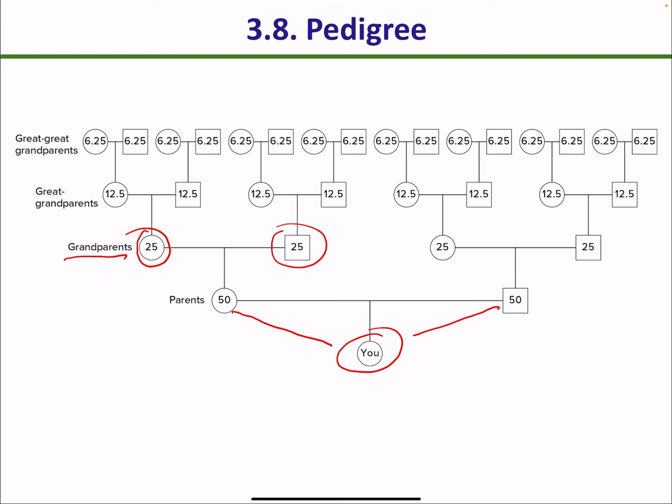So you and your grandparents, you are 25% similar, if you will, in terms of the genetic information that is present in your cells, right? With your great-grandparents, it's going to be 12.5% of similarity, right?